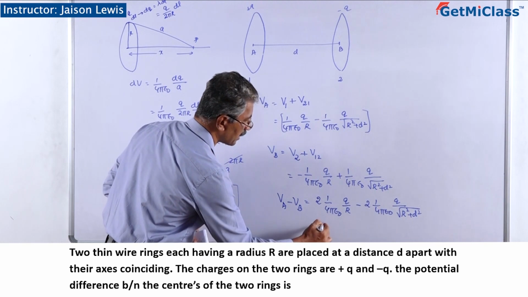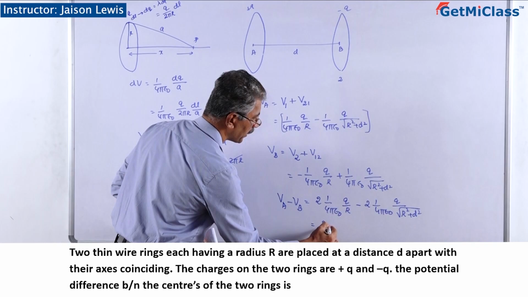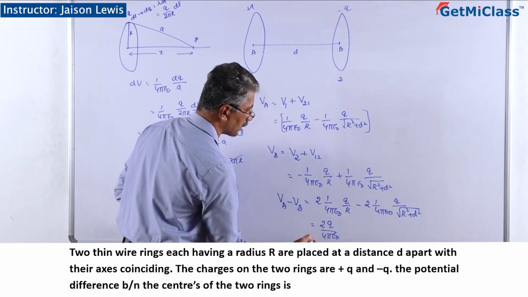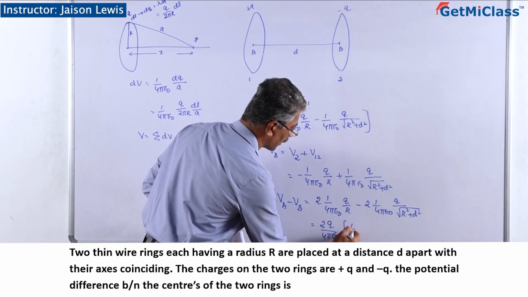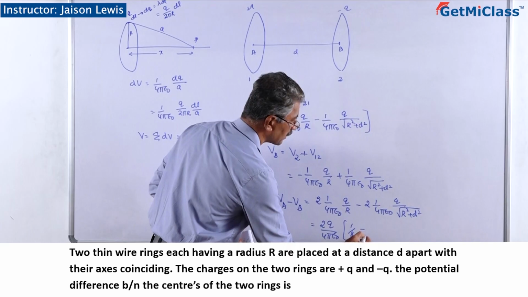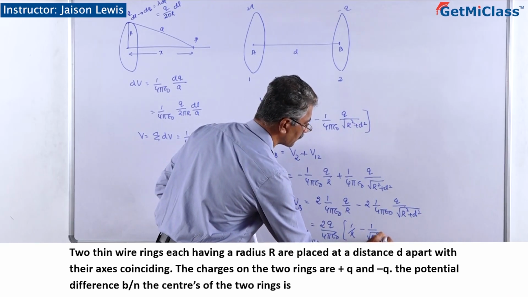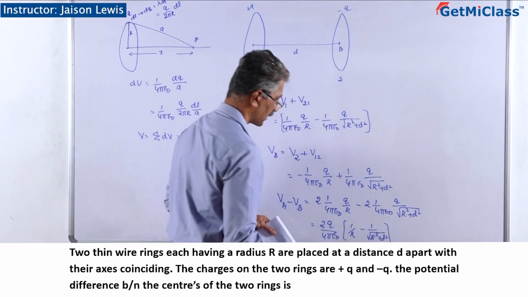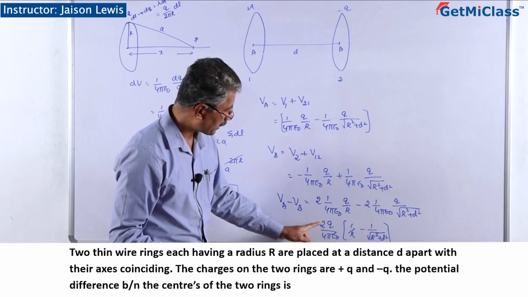Further, you can take 2 outside, and 4 pi epsilon naught and q outside. Remaining is 1 by r minus 1 by square root of r square plus d square. And this is the potential difference we have. We can solve further: the 2 can be cancelled.